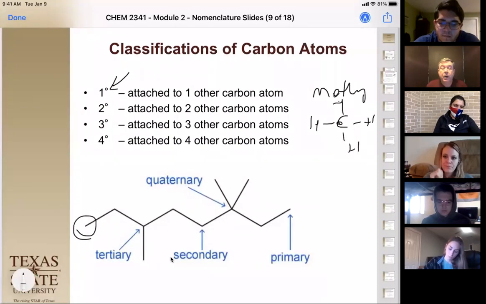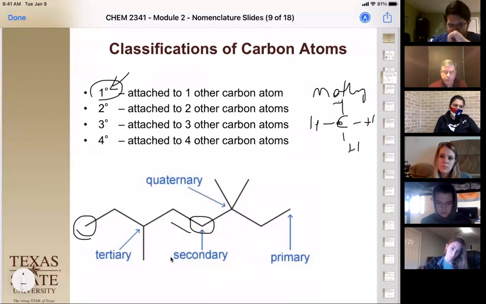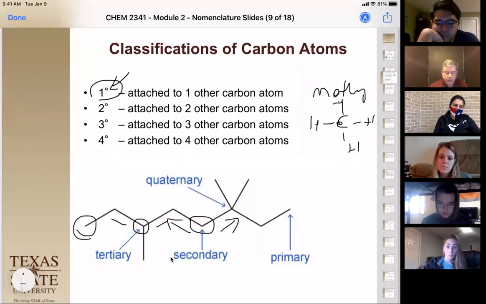But if there's 1 other carbon attached to it, the simplest one of that would be ethane, and that is called a primary. Now, if there are 2 carbons attached to it, 1 on this side and 1 on that side, it's a secondary. This one is going to be tertiary because there are 3 things attached to it. And of course, this one is going to be quaternary, which has 4 other carbons attached to it.